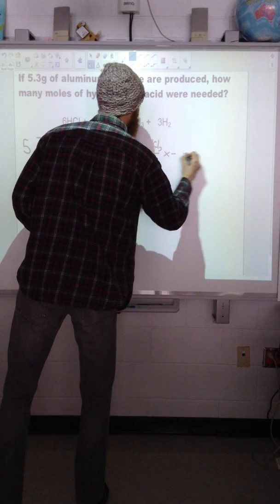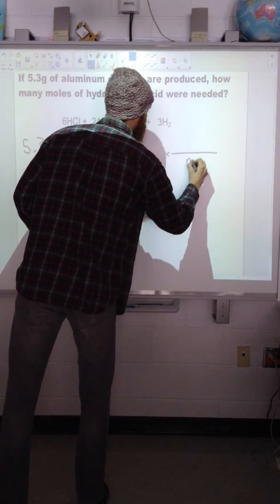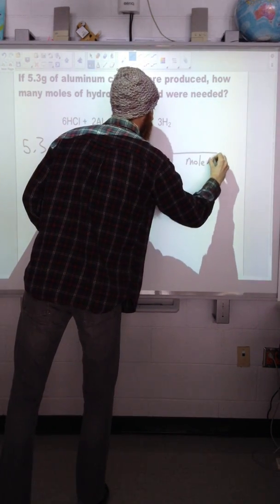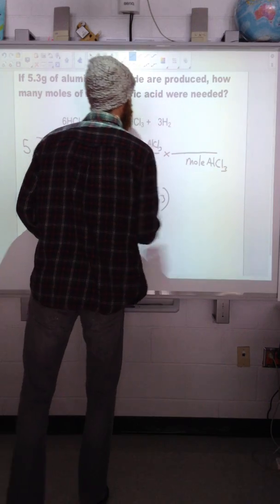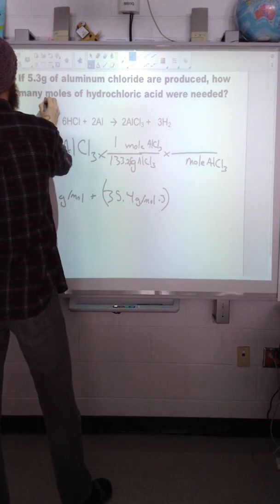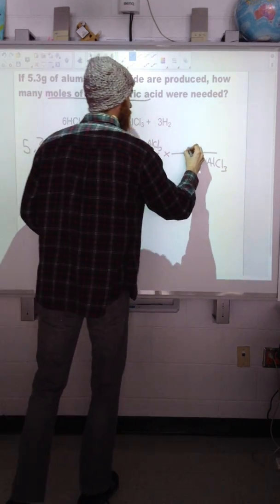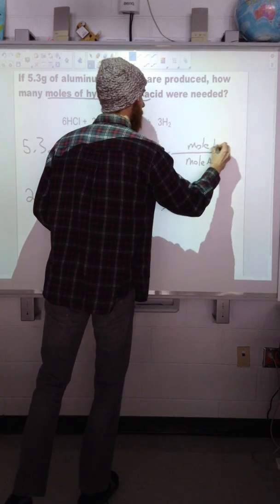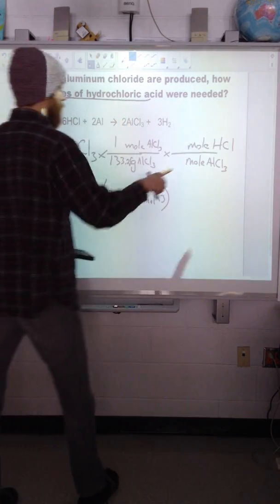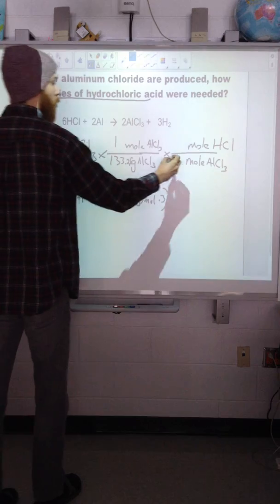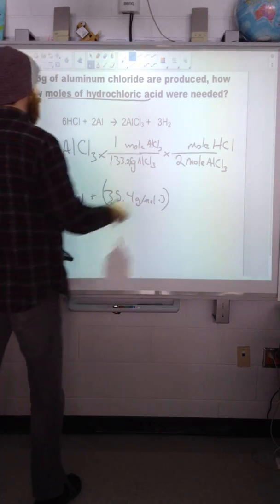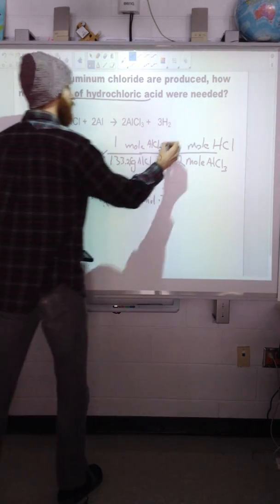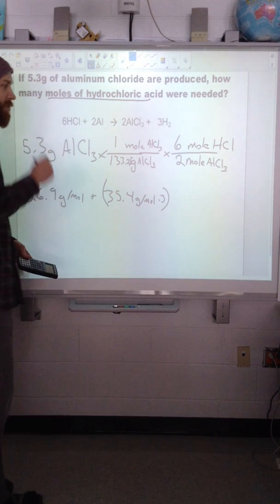So we got one more time to the line. We got to get rid of moles of aluminum chloride, so that's going to go on the bottom. And we're trying to get to moles of HCl, so that's going to go on top. So for every 2 moles of aluminum chloride, we need 6 moles of HCl.